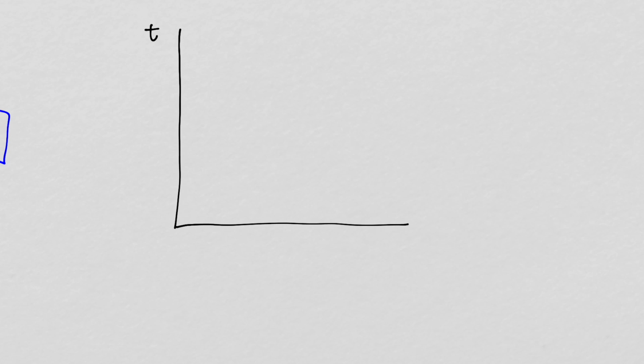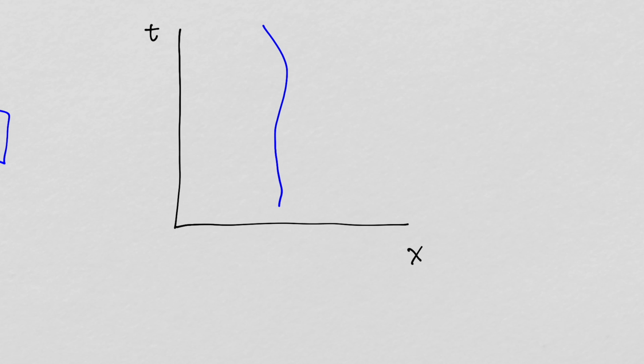All right, so let's just sketch it out. We'll create a space-time diagram where we have time on this axis and space on this axis. And we will throw down the path of our particle through space-time, which will be this blue line.